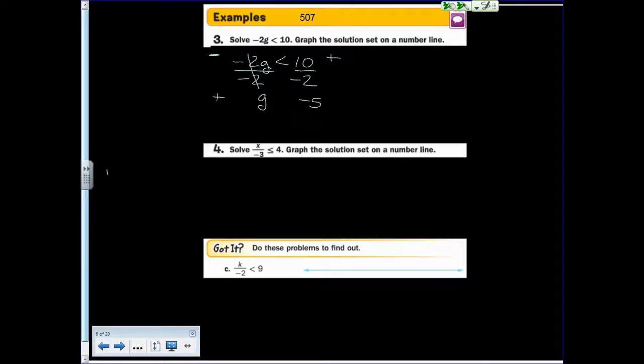Because the positive changed to a negative here on the right, and the negative changed to a positive here on the left, our inequality wouldn't be true if we kept the sign the same. So we are going to flip the sign around, and it's going to be g is greater than negative 5. And like before, we need to graph it.